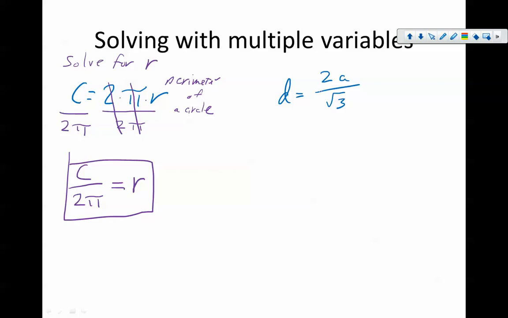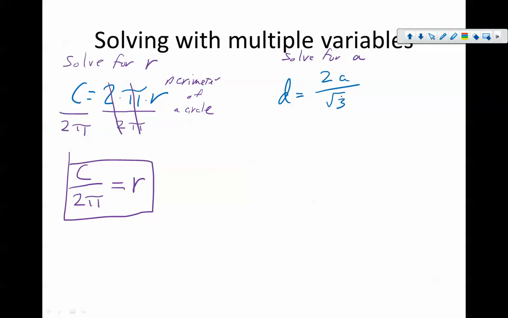Let's do this example over here. We have d equals 2 times a divided by the square root of 3. And what we're going to do over here is solve for a. Now, you've got a fraction looking thing there. Don't freak out. Okay? With these types of problems, we're trying to get the a by itself. Remember, fraction bars are division.